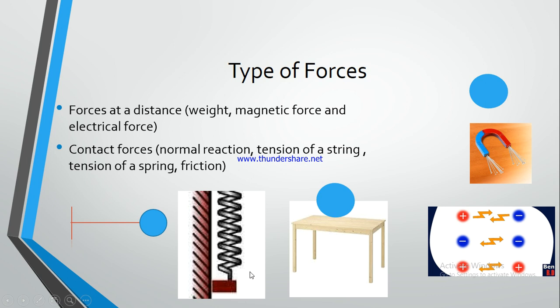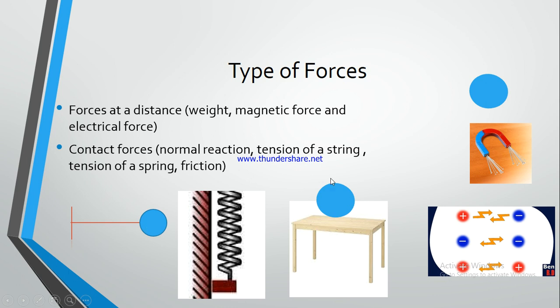When we attach an object to a spring, the spring changes the motion of the object because the object did not fall downward. And when we attach a ball to a string, the string tries to attract the ball.